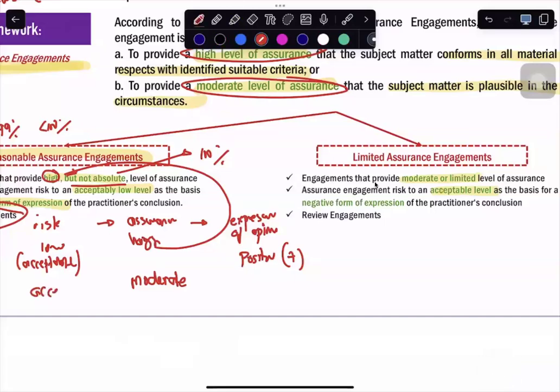Meaning, acceptable lang siya up to medium or moderate risk too, hindi low. Para yung assurance mo rin ay moderate. And since moderate lang yan, you provide for a negative form of expression of opinion.